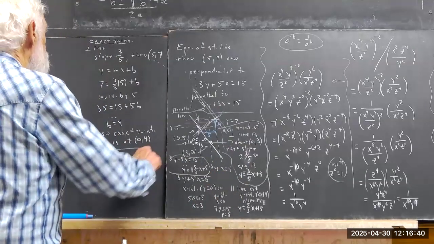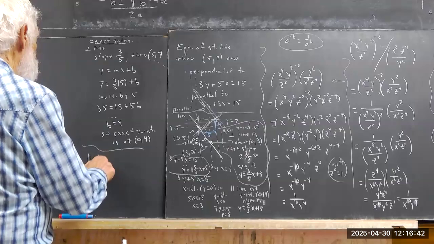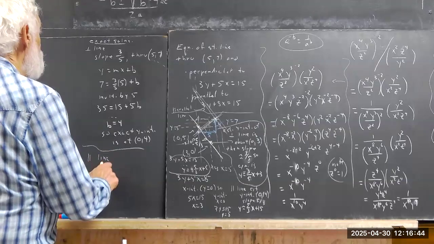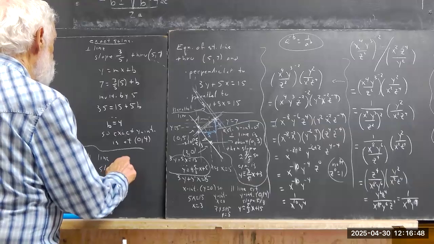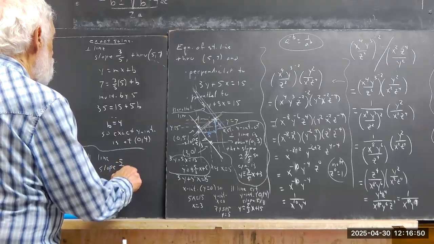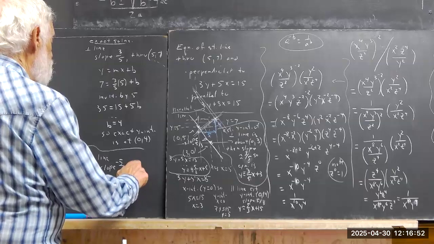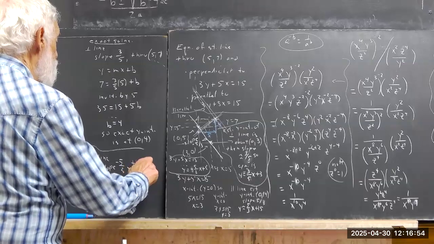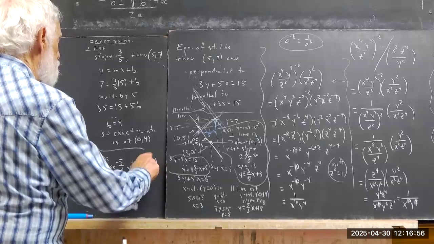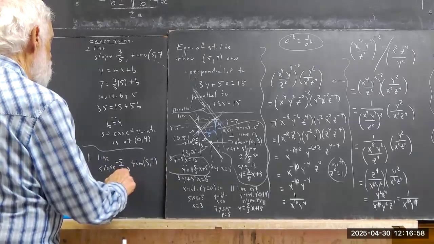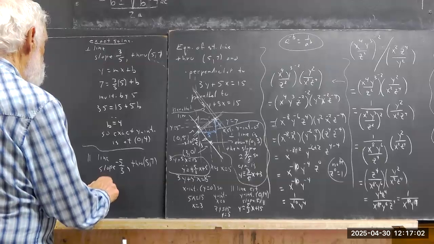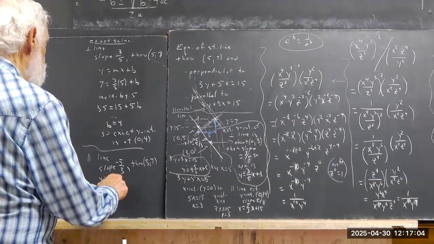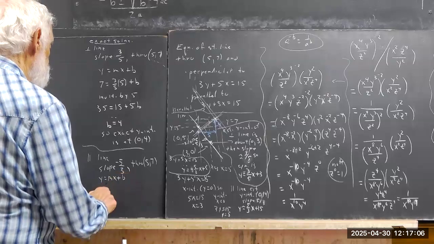All right, then the parallel line. Slope is negative 5/3, through (5, 7). y equals mx plus b.